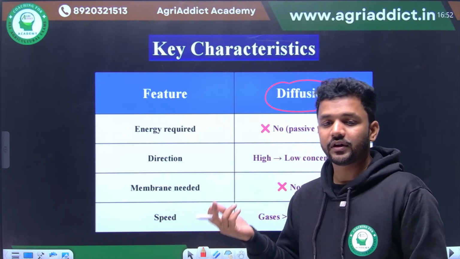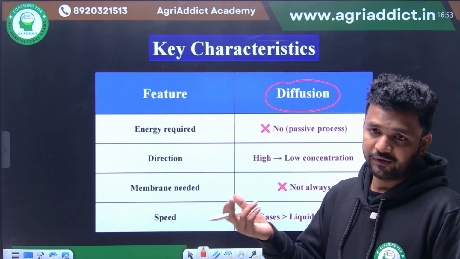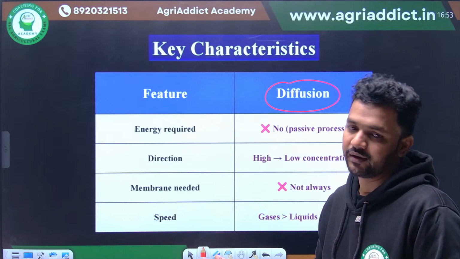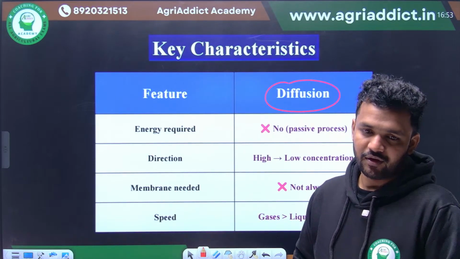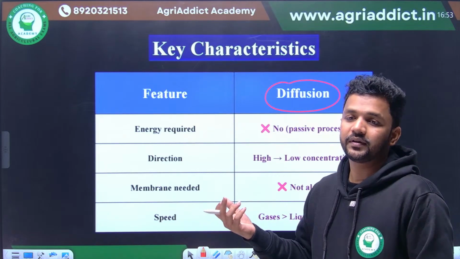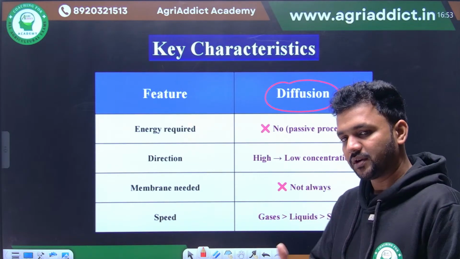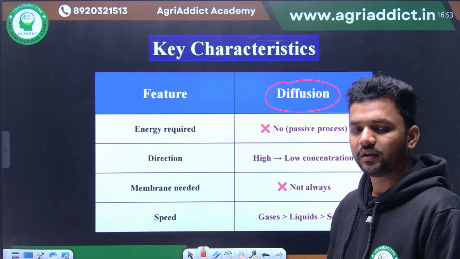Diffusion does not require any external input of energy. Diffusion is a spontaneous process which only depends on the concentration gradient, or the diffusion pressure gradient. If the gradient is steeper, it is faster, and if it is less steep, the movement is slower.